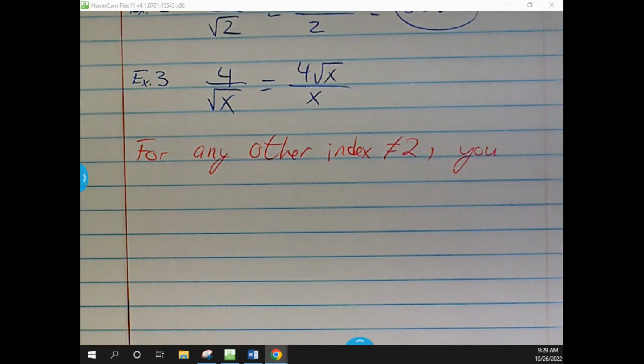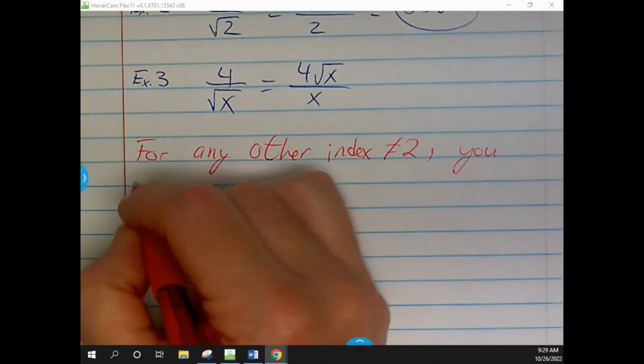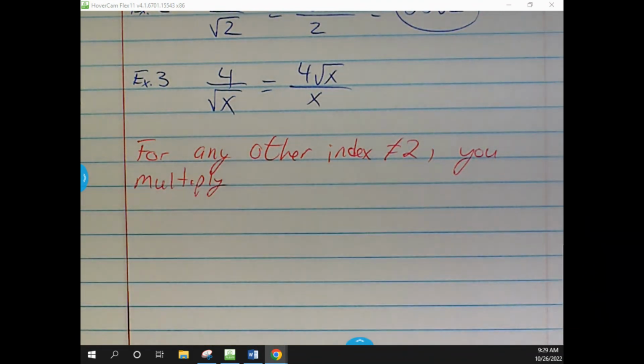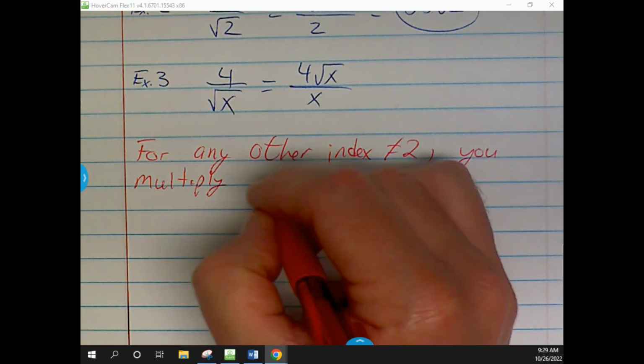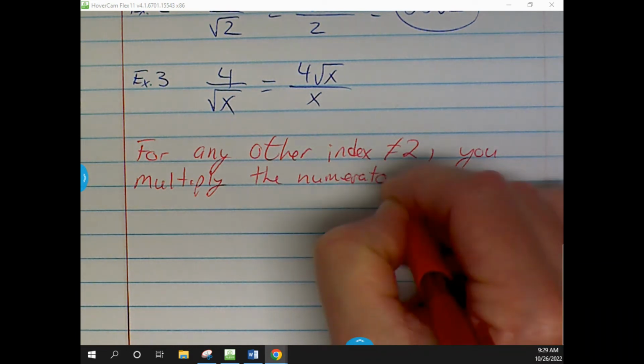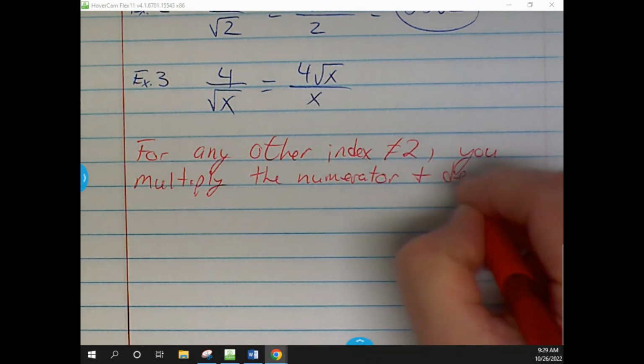If you see the example, we'll see it. I'll try to give you the best words I can. You multiply the numerator and the denominator. Wish those words were shorter.